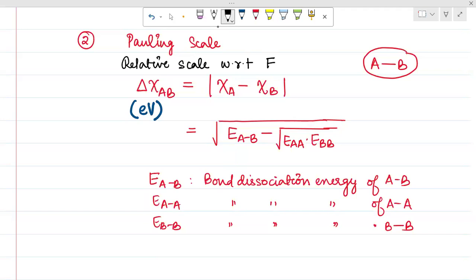For example, if I say that I'm going to my school, it is 10 kilometers away from my home, so I'm referring to it with respect to my home. So there is a reference point. In Pauling scale, you have that reference point which is fixed at fluorine.